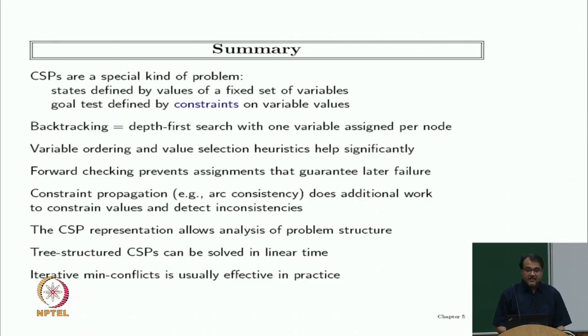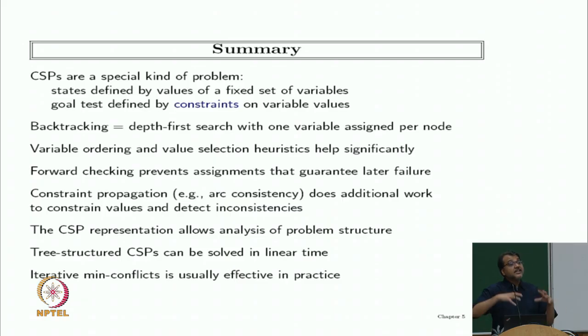We talked about backtracking search, which is depth first search with only one variable assigned per node. Variable ordering and value selection heuristics help significantly. Forward checking prevents assignments that guarantee later failure. Constraint propagation does additional work to detect failures much earlier than forward checking.